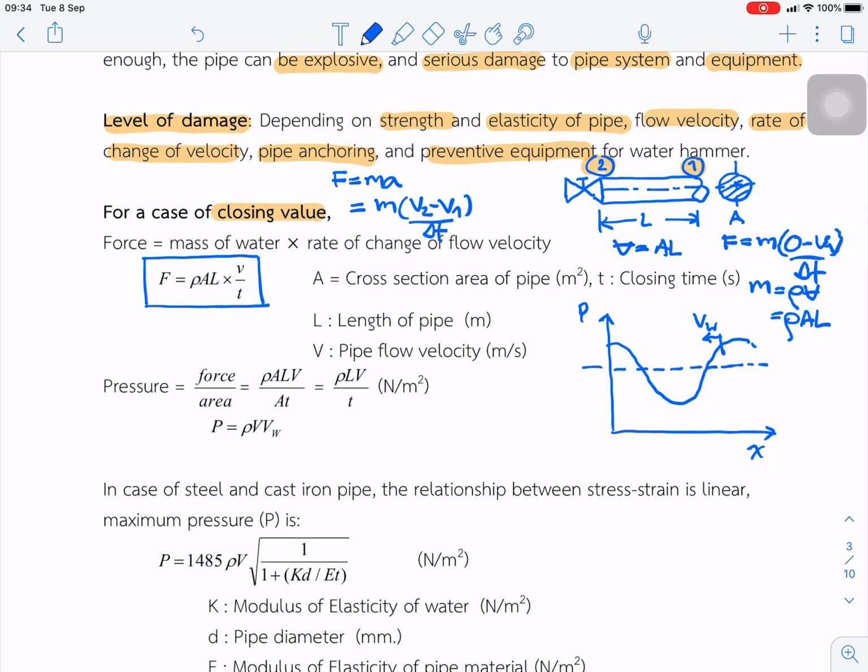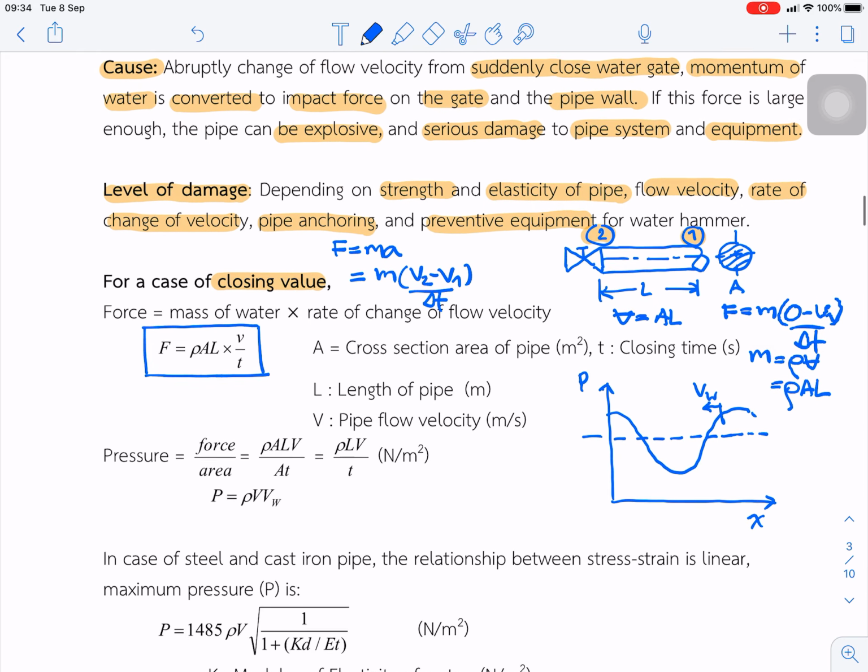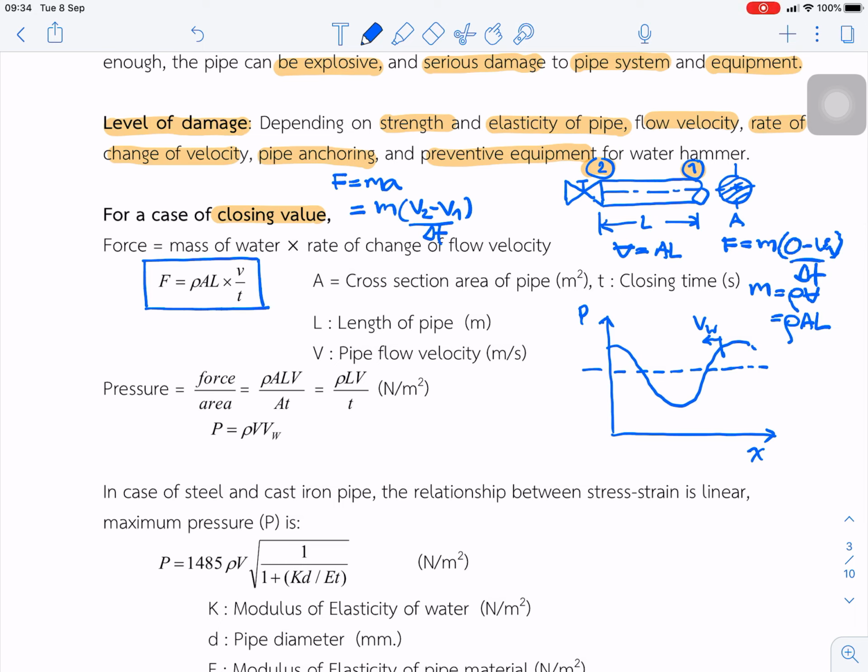We call this the fluctuation of the wave. This can create water waves, and this wave fluctuates like this, moving to the left and later moving to the right, with increase and decrease of the pressure along the distance.